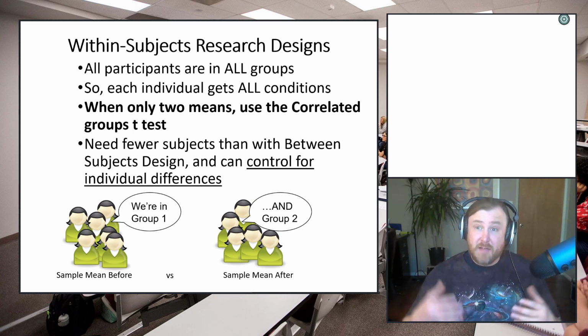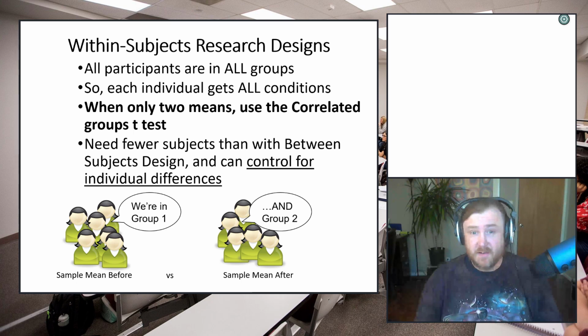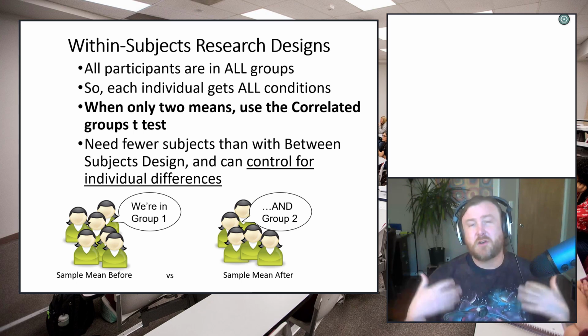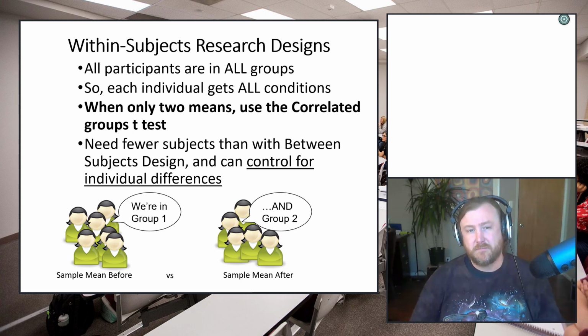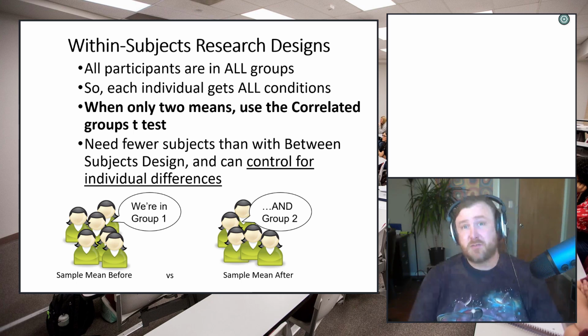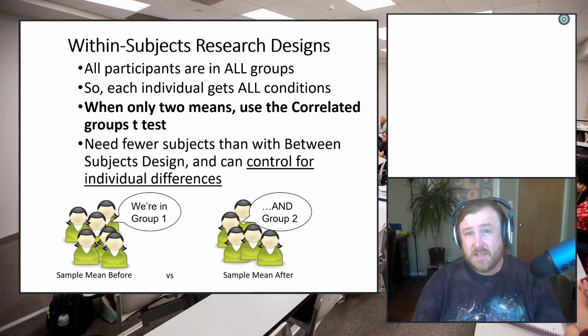And so whenever we have two measurements, right, when we're comparing two means within the same people, we use the correlated groups t-test.